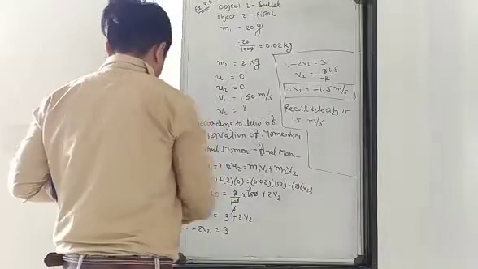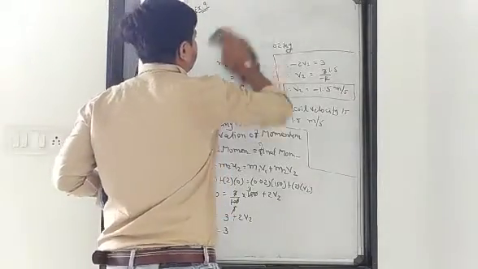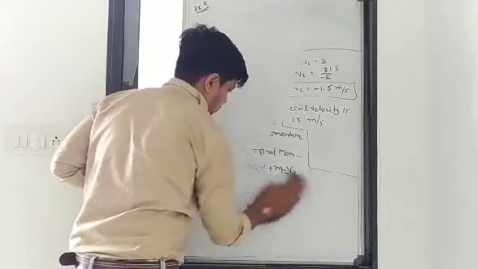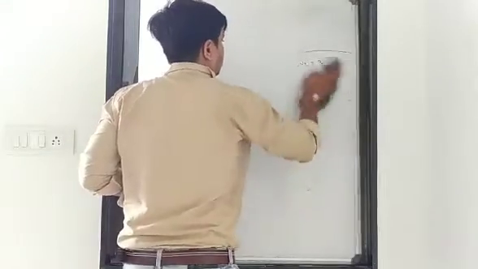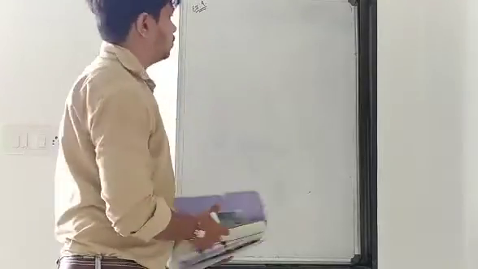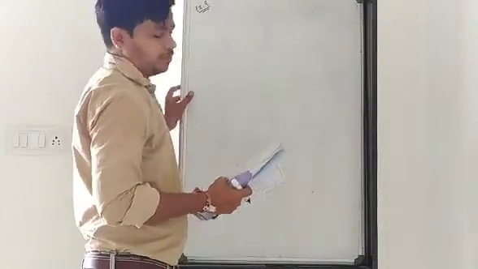So first of all, example 9.7. We have to find that there are two objects. Which are the objects, right?